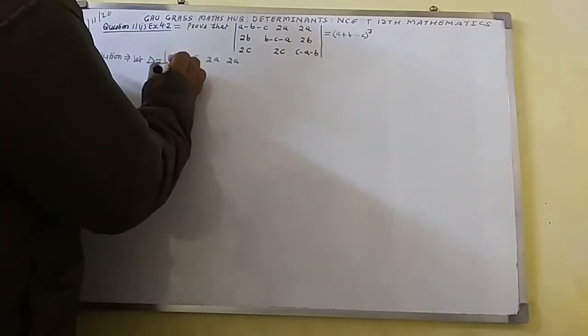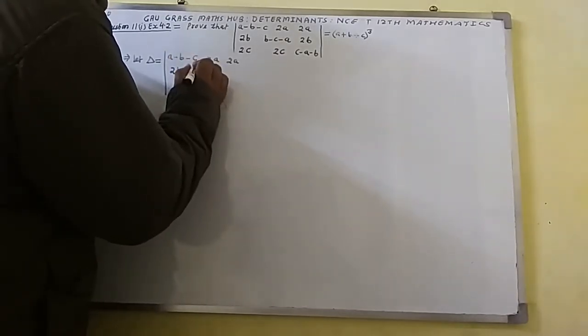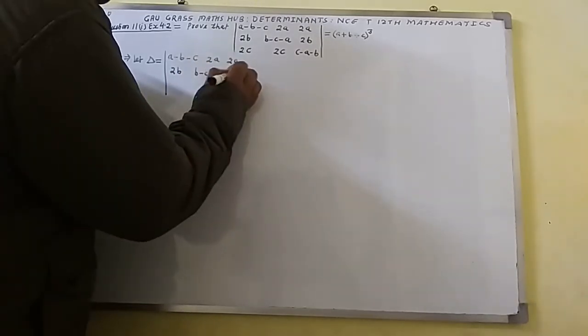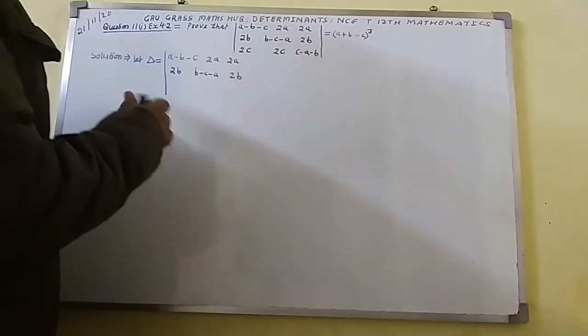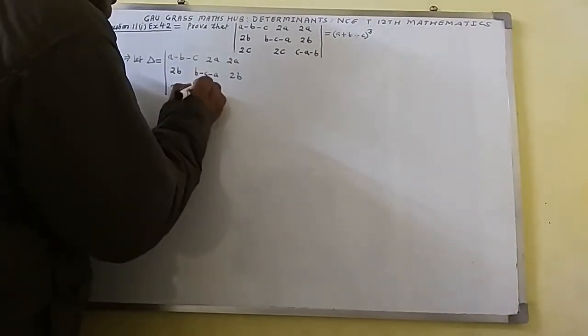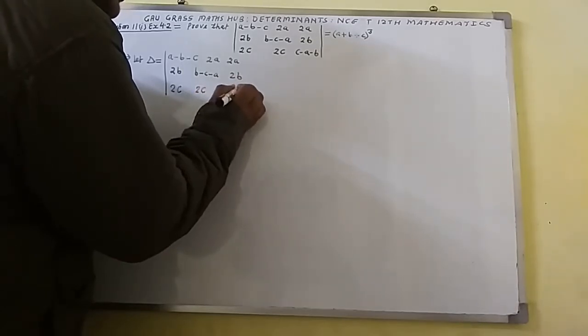The elements of second row 2b, b minus c minus a, 2b. The elements of third row 2c, 2c, c minus a minus b.